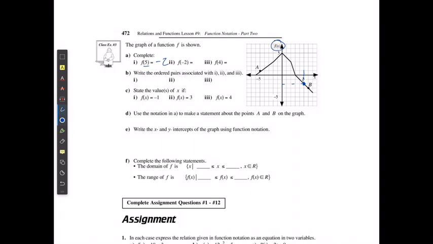When it says negative 2 for x, then my function has a value of 3. When it says 4 for x, then that's going to be right here, and my function has a value of negative 1.